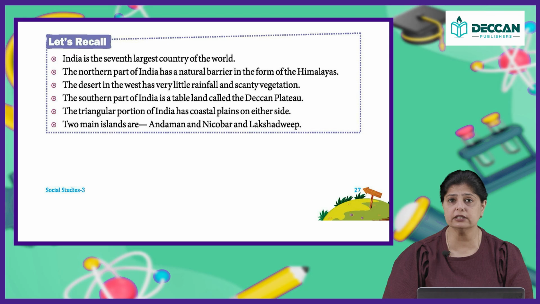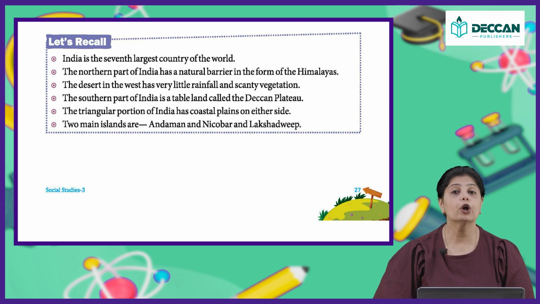Okay, it has very little rainfall and very scanty vegetation. Then you have the southern part of India. Okay, it is a table, and that is the reason why it is known as the Deccan Plateau. The triangular portion of India has coastal plains on either side, and the two main islands are the Andaman and Nicobar Islands and the Lakshadweep Islands. All right.